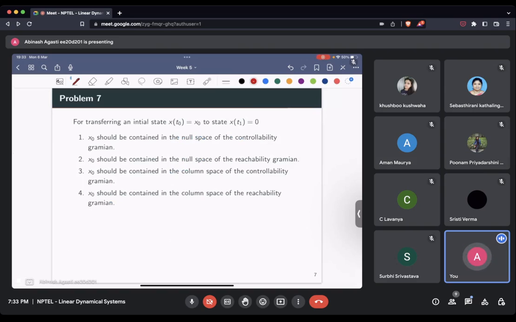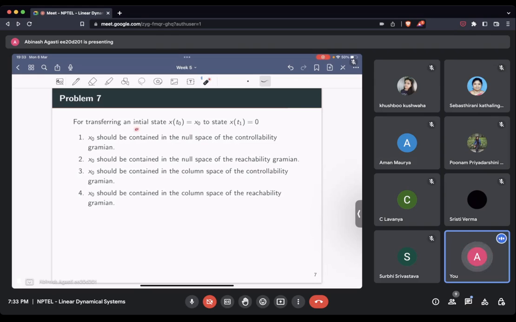Okay, so this is a simple one. For transferring an initial state x naught at time t naught to a state x of t1 equal to 0, we have some conditions that we need to check. But first tell me, what does this hint at to you?